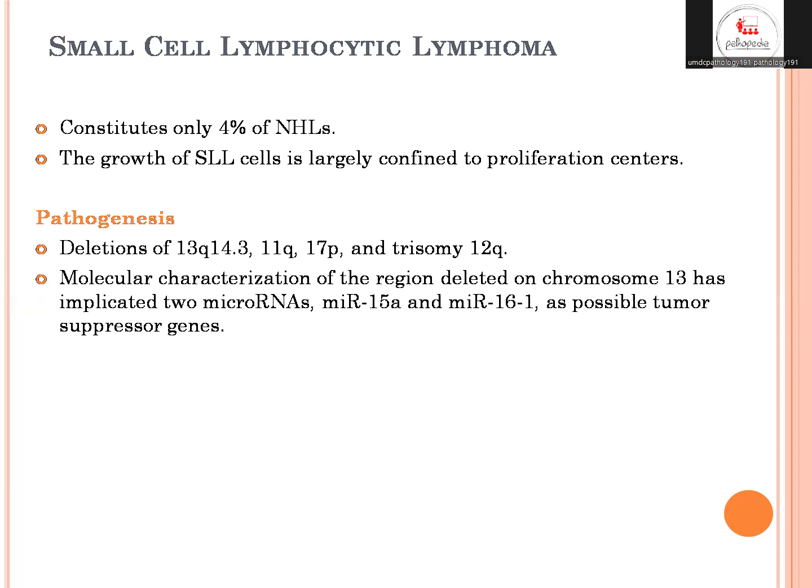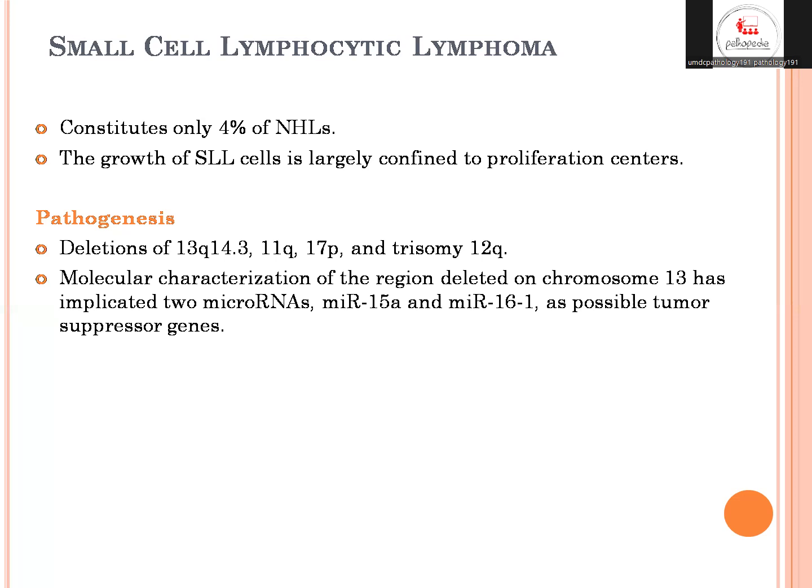Small lymphocytic lymphoma is a variant of non-Hodgkin lymphoma and constitutes only 4% of all the non-Hodgkin lymphomas. The growth of small lymphocytic lymphoma cells is largely confined to proliferation centers.